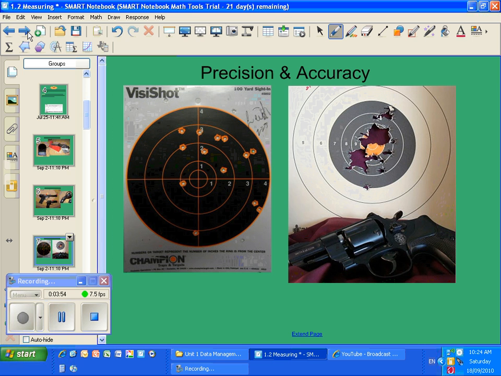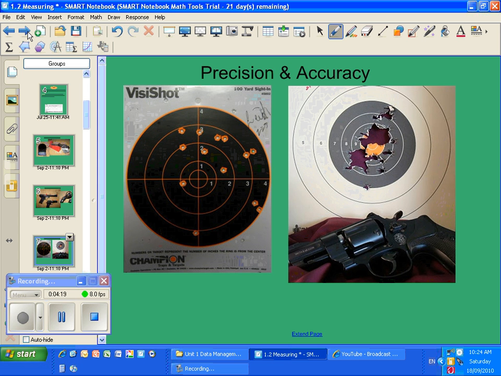When we take a look at the results, and this is just a couple of examples I grabbed off the internet, on the left the target is hit, but the bullets are sort of everywhere. So you could say that it's fairly accurate, but not very precise. On the other hand, the center is torn right apart in the second illustration.